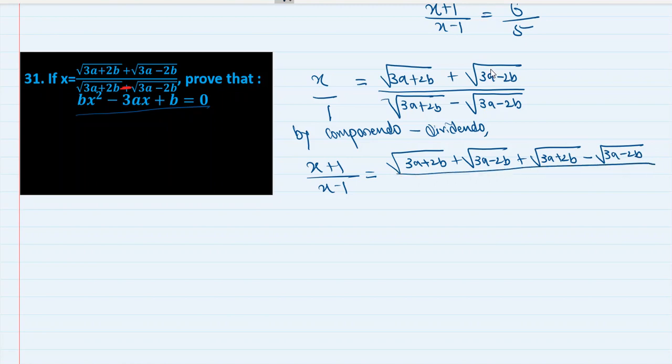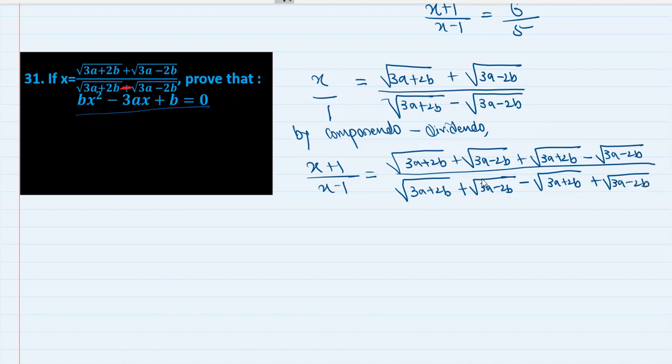A plus b upon a minus b we have, right? So this is the whole numerator, this is the whole denominator. I've just added them, and in the denominator I'm getting root of 3a plus 2b plus root of 3a minus 2b minus root of 3a plus 2b plus root of 3a minus 2b.